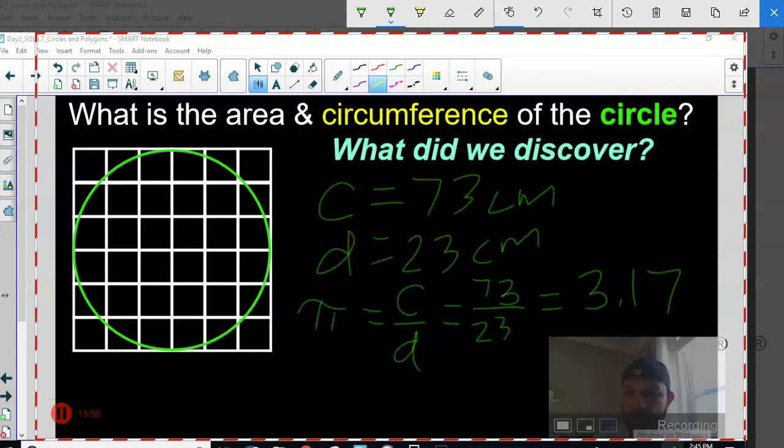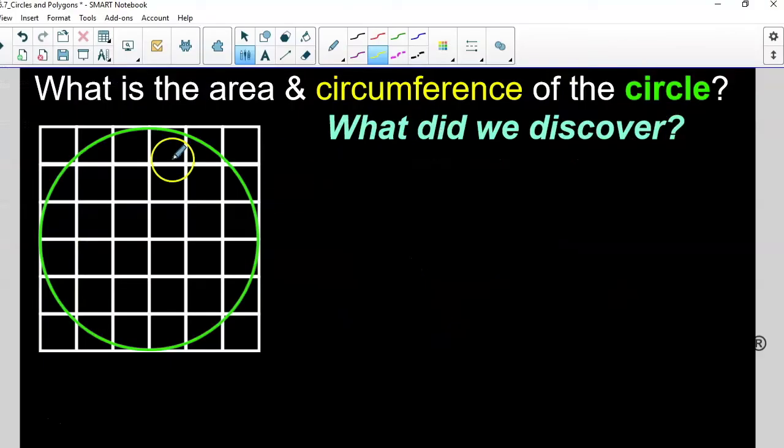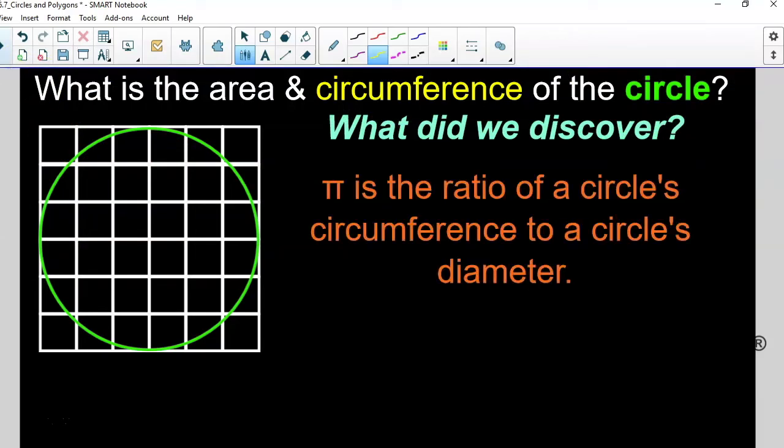I want you to do the same. What was your circumference divided by your diameter? Use your calculator to figure out what that is. And what is it going to equal? It should be close, a little bit more than 3. All right, so now that you check that, let's talk about what pi is by definition.